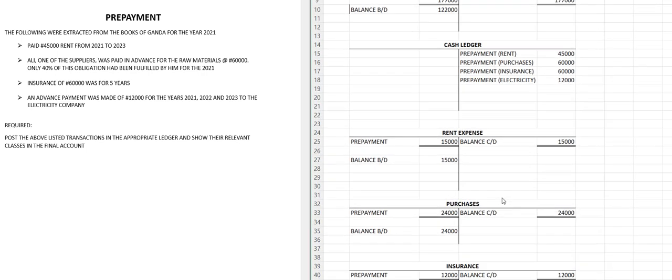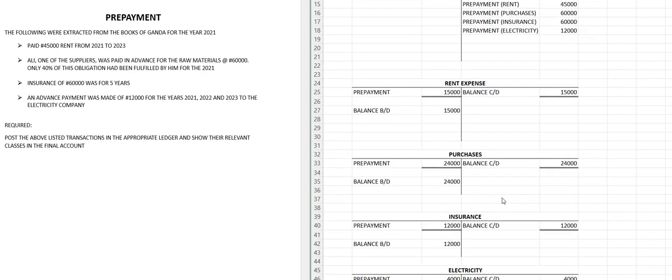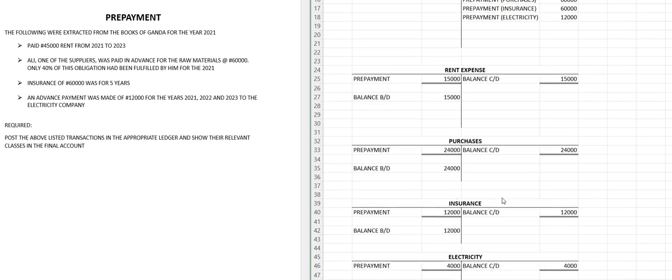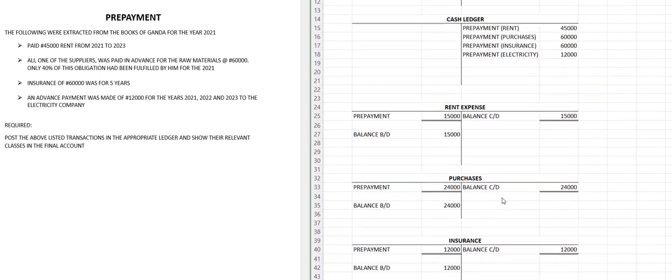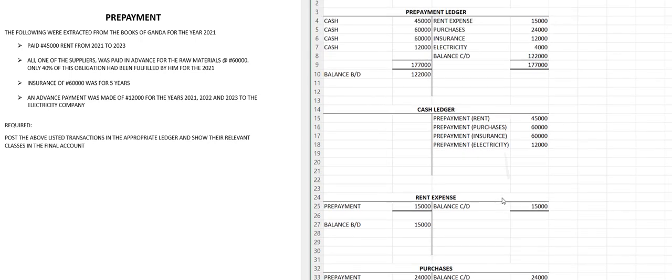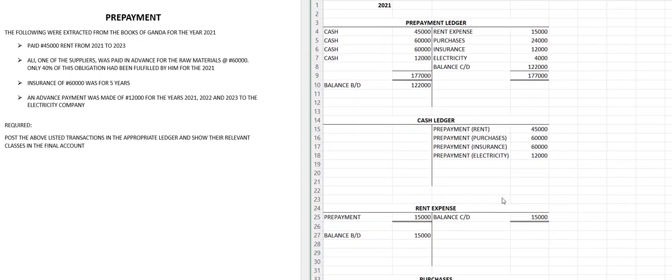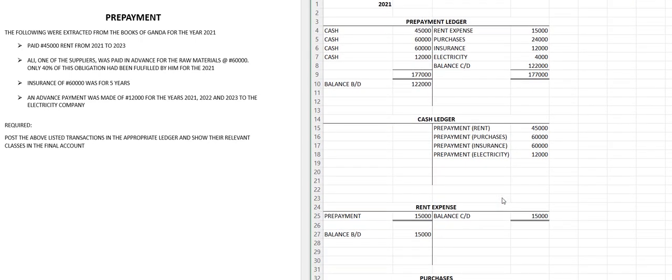Having created the double lines on that, what the question says is to show their relevant classes in the final account. The relevant classes in the final account, let's just use this side here. For prepayment, what is the class?